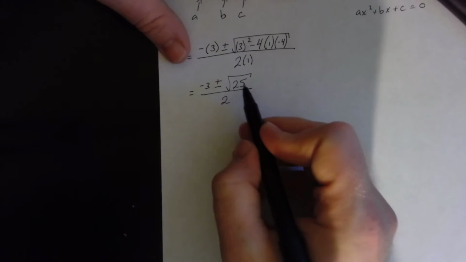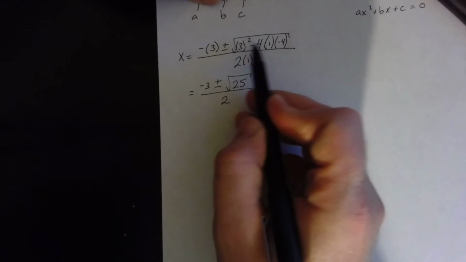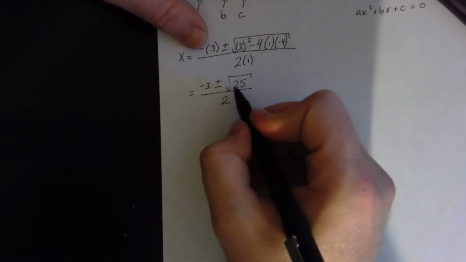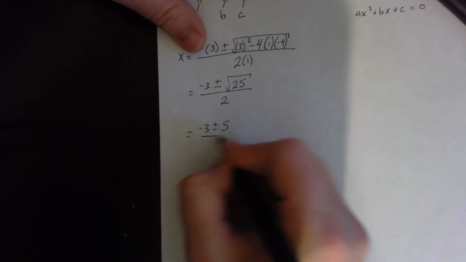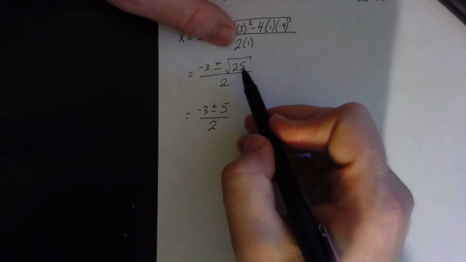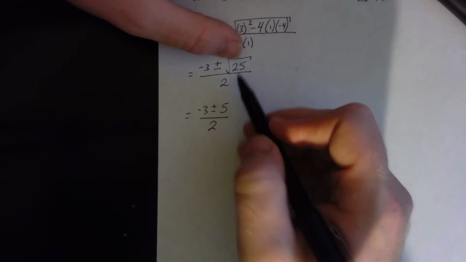Now, at this stage, we're going to try and simplify this radical. The first step is to simplify the inside of the radical. The second step is simplifying the radical as a whole. So the square root of 25 we know to be 5, and I'm going to rewrite that as just 5. You'll notice that if I can simplify the radical, I must, and if I can eliminate the radical, I must.